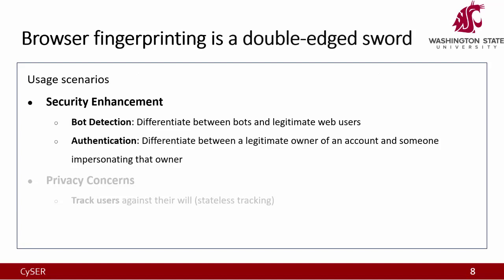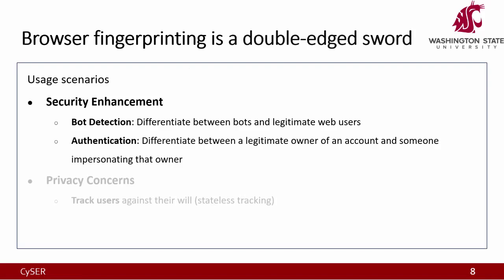Browser fingerprinting is actually a double-edged sword. We can use it to improve security, and it can also cause some privacy concerns. Let's talk about the good side. We use fingerprints to detect bots, because a bot's fingerprint is quite different from that of human users.